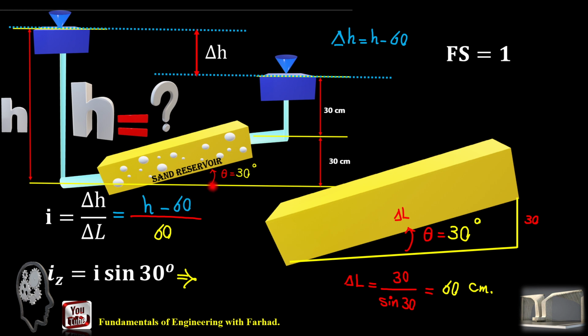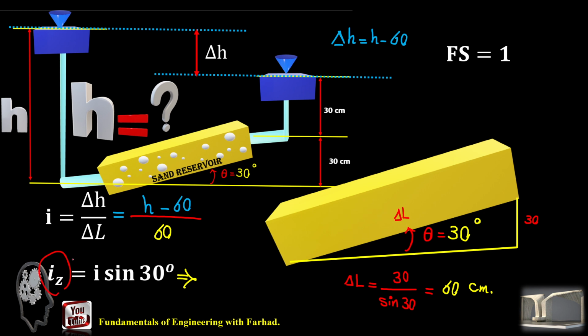And if you take a closer look at the sample, you can easily see that with an angle theta of 30 degrees, we have two kinds of i. So this is our real i, and that i has two components, i sub z and i sub x, because we are working in the vertical direction.